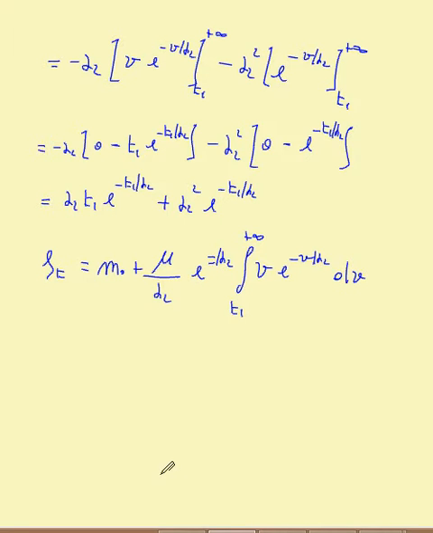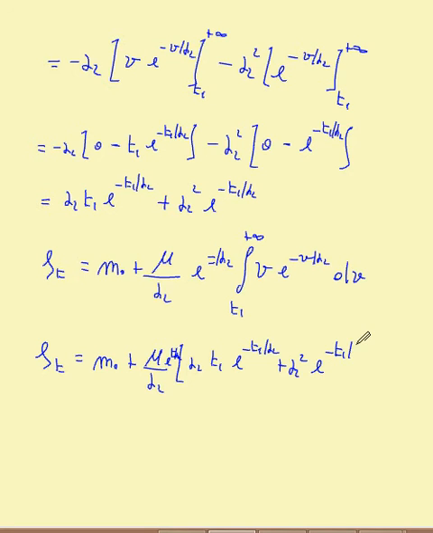From here we can substitute the integral we just found, and we get exchange rate equal to m0 plus me over alpha 2, which multiplies e to the power of t over alpha 2, which multiplies alpha 2 t1 e to the power of minus t1 over alpha 2 plus alpha 2 squared e to the power of minus t1 over alpha 2.